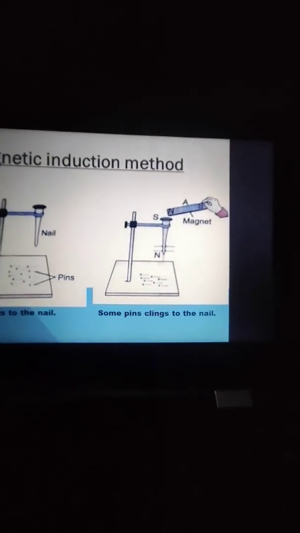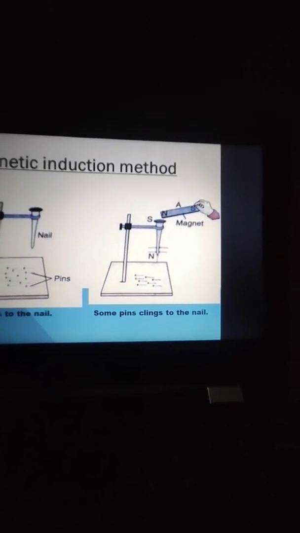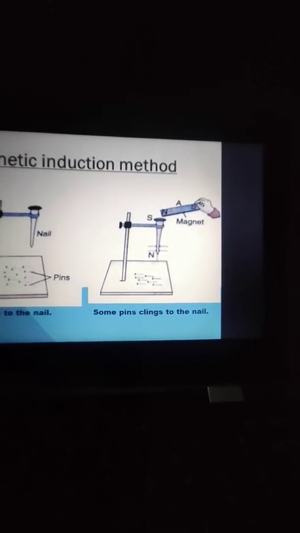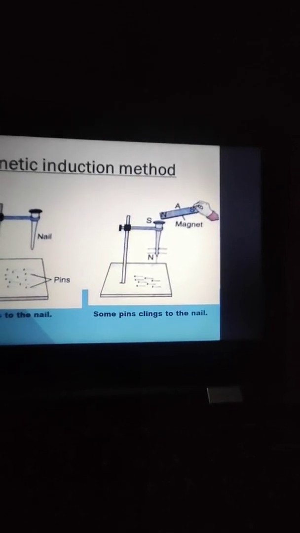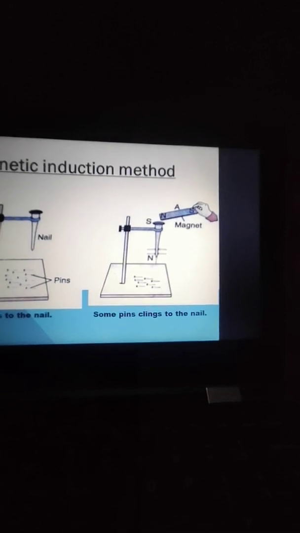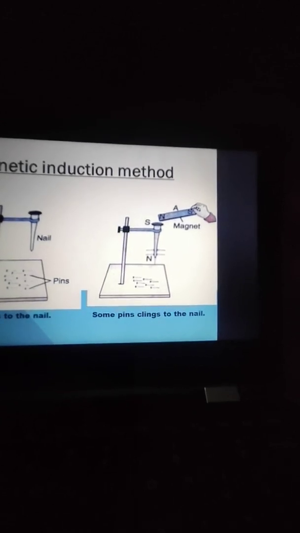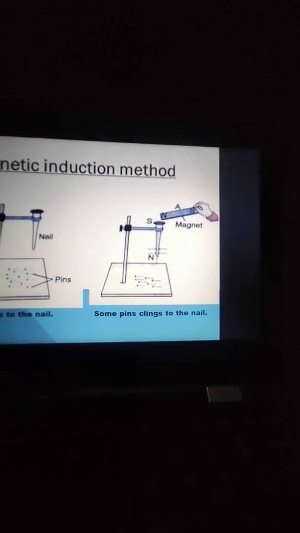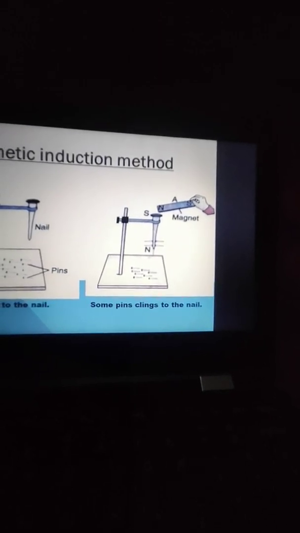But in your second figure you can see that we have brought a magnet near the iron nail. When we brought the magnet near the iron nail, some pins cling to the nail. They get attracted towards the nail and they are lying at the tip of the nail. As you can see in your second figure, there are some pins clinging to the nail.